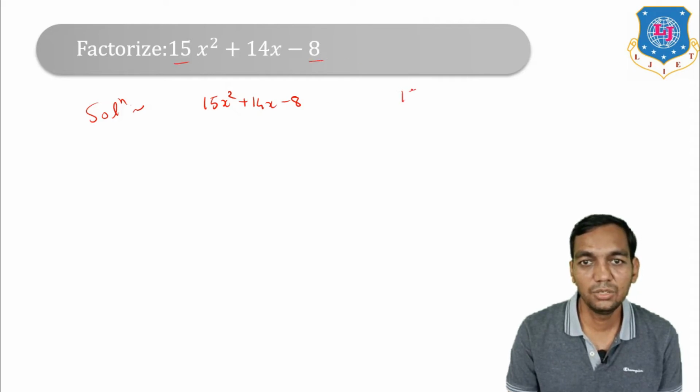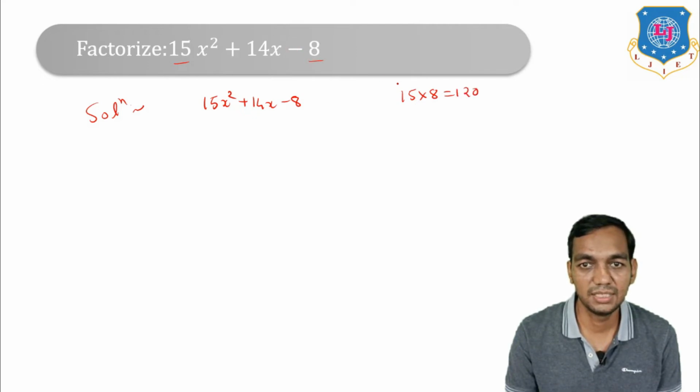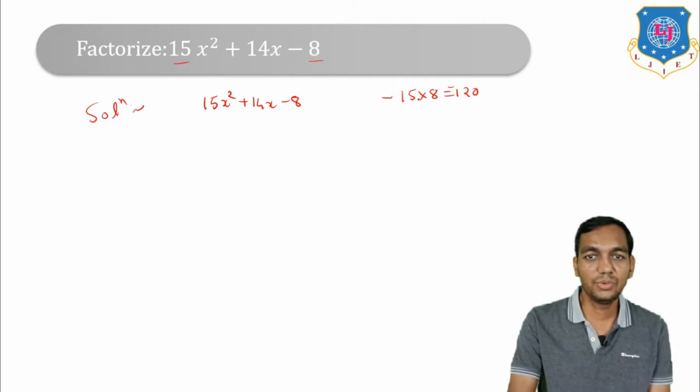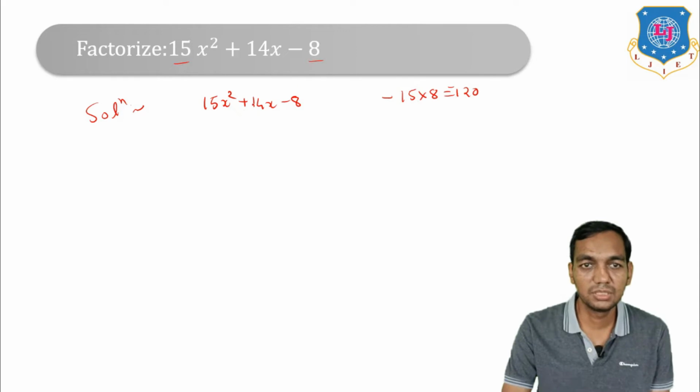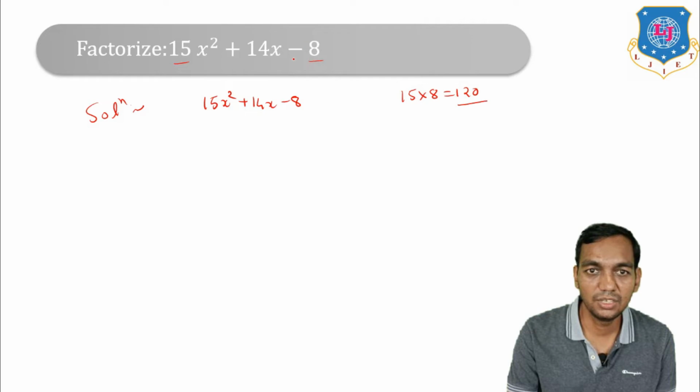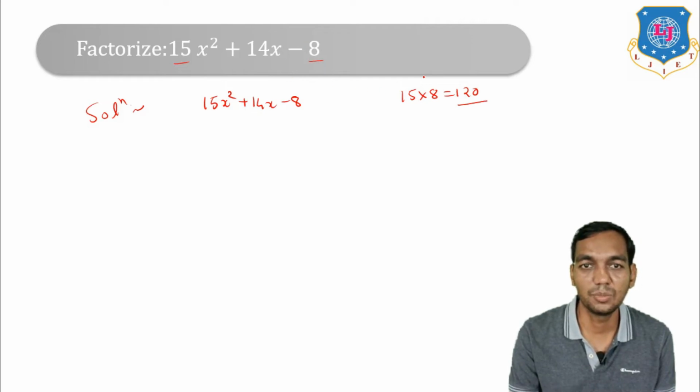So 15 into 8 is 120 and you have basically minus 8, so minus 120. So you have to find the factors of minus 120 whose addition is 14. Or if we do not consider the sign, then you have to factorize 120 such that the subtraction of the two factors is the middle term 14.